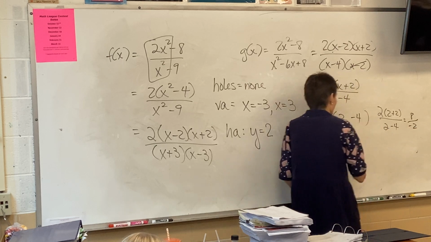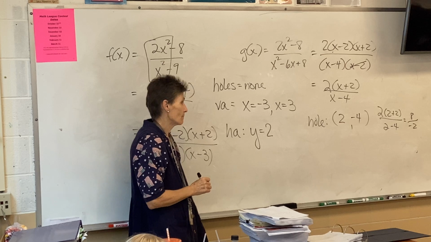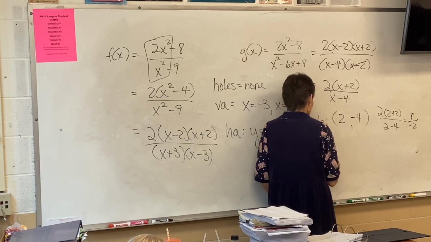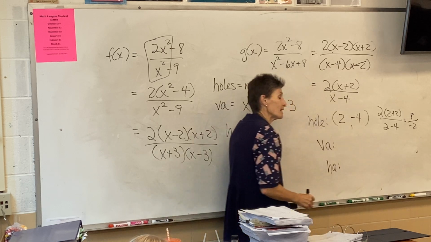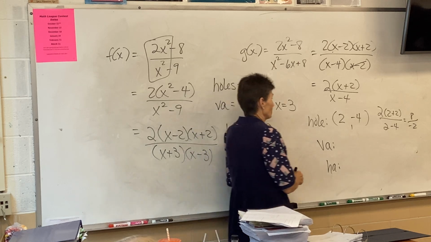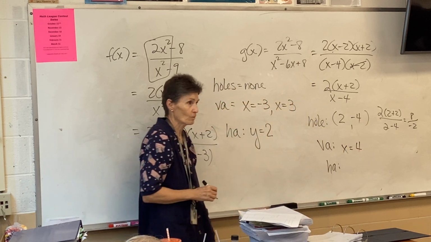I got -4. Did anybody else get a y value for -4? Vertical asymptotes. Come on, you can't miss it. Look at your denominator. Where is your vertical asymptote? x equals 4. It's your vertical asymptote.